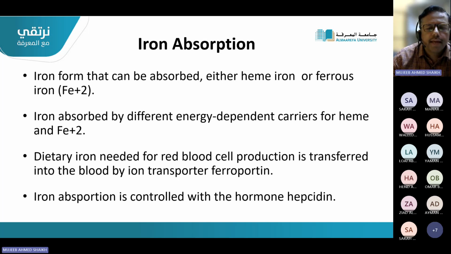Again, they require some carrier protein, a different energy-dependent carrier for heme as well as ferrous iron. Why is iron required? Iron is required in our body to form hemoglobin, which is required for the formation of RBCs. So for RBC production, we require a continuous supply of iron.